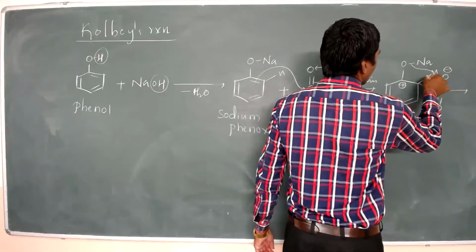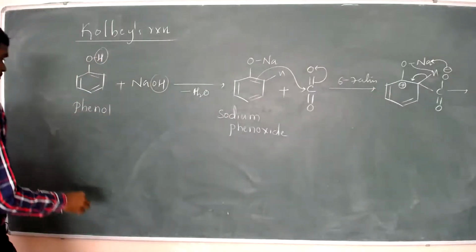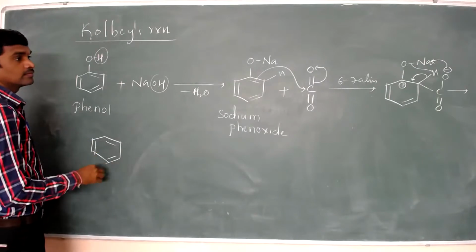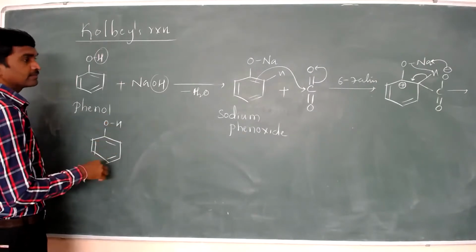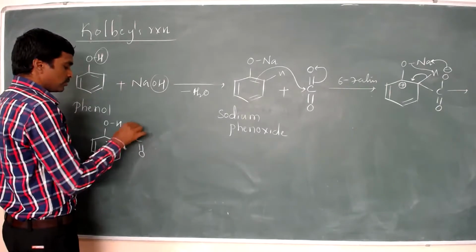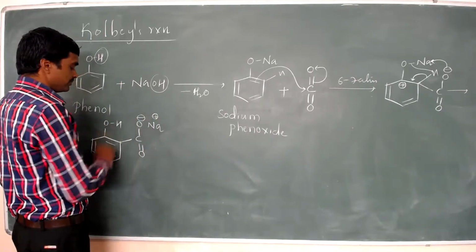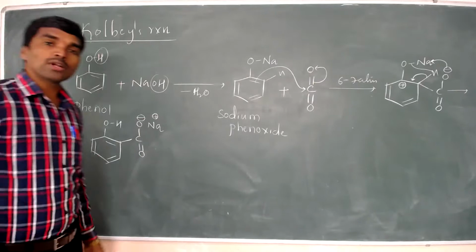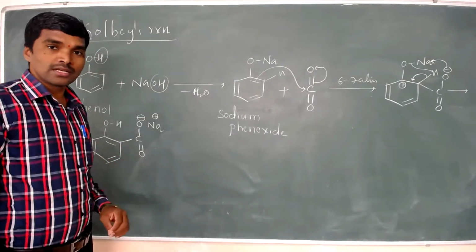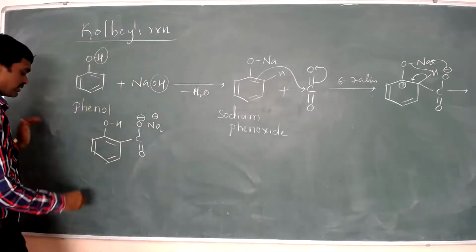This bond attacks the proton. Then your answer is OH, C double bond O minus Na plus, it will be formed. This product is very important for the competitive level. What is the name of this? This is sodium salicylate.